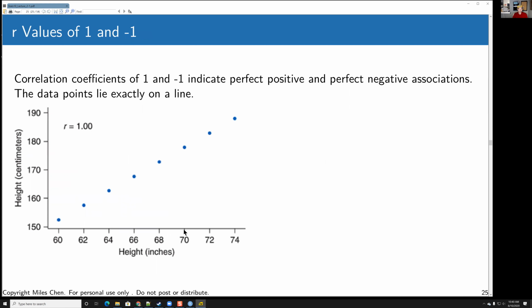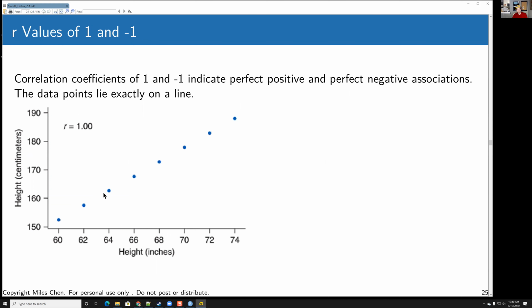So here is a plot. Here, the correlation coefficient is exactly positive 1.0. This indicates a perfect positive relationship, and these dots lie exactly on a straight line.